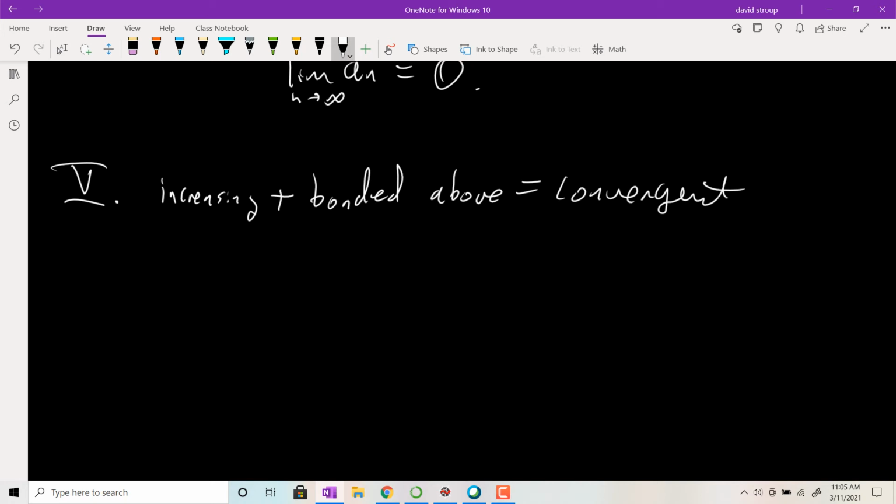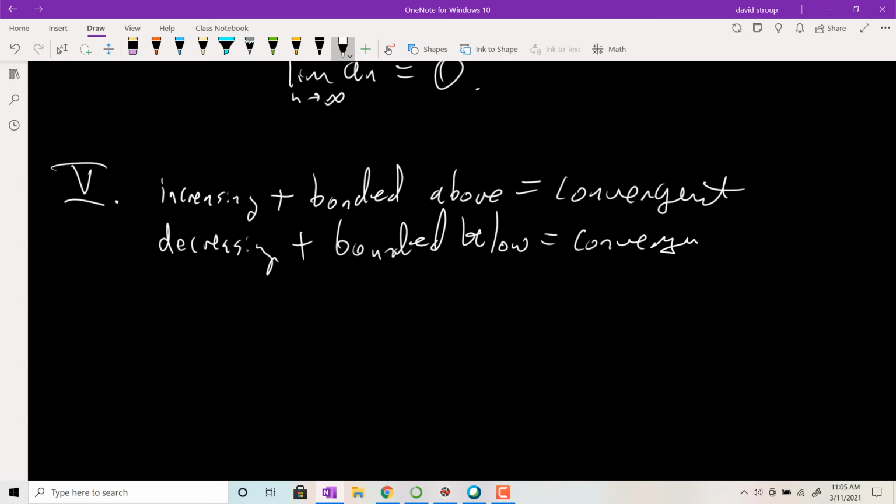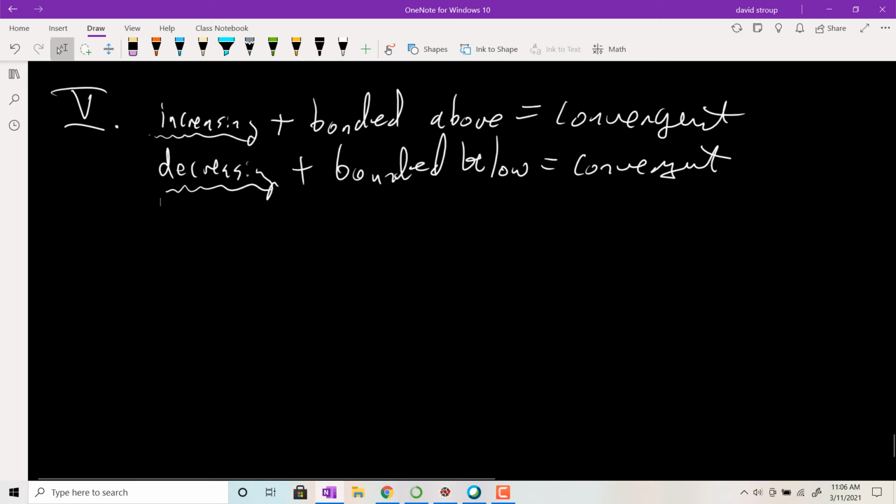Okay, so anyways, one fact is if it's increasing and bounded above, it's convergent, but also if it's decreasing plus bounded below, it's convergent. In order to pull this off, we need to worry about these words increasing and decreasing, because we can also include sequences that don't increase, but rather stay the same. In some books they'll talk about strictly increasing.